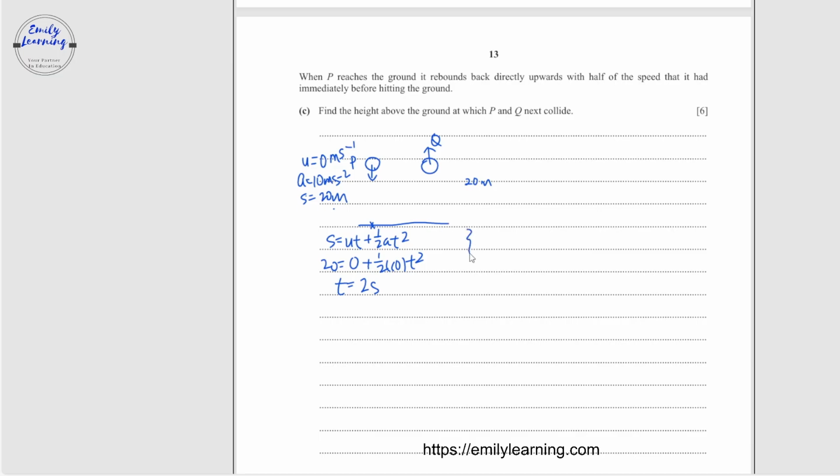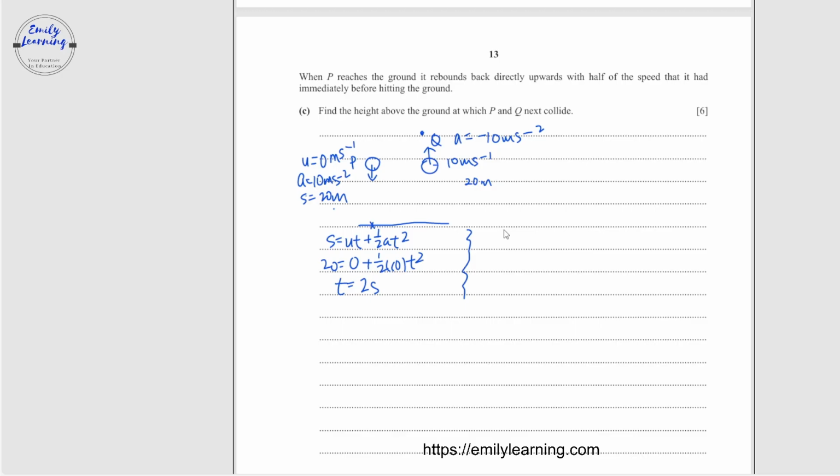Now, let's find out where Q is at 2 seconds. So I know that Q is moving at a speed of 10 meters per second upwards, and because it's moving upwards, it is having negative acceleration. So how long does Q take to reach the highest point?